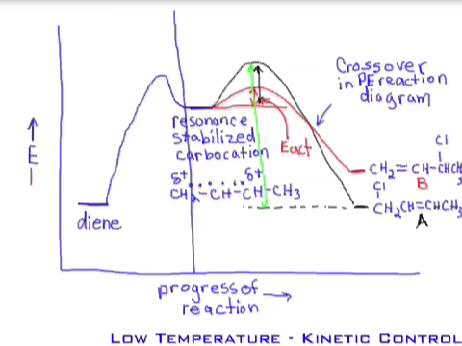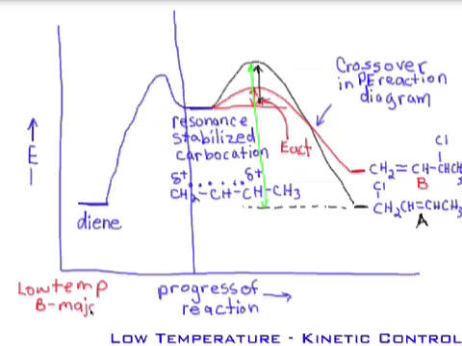So let's write that down. So at low temperatures, B predominates, because more molecules make it over the low hill than the large. So B is major.